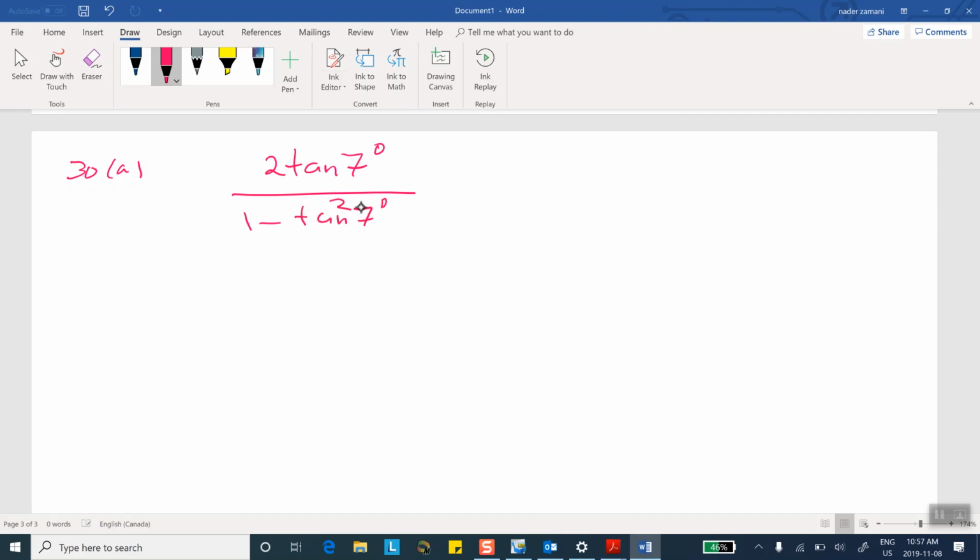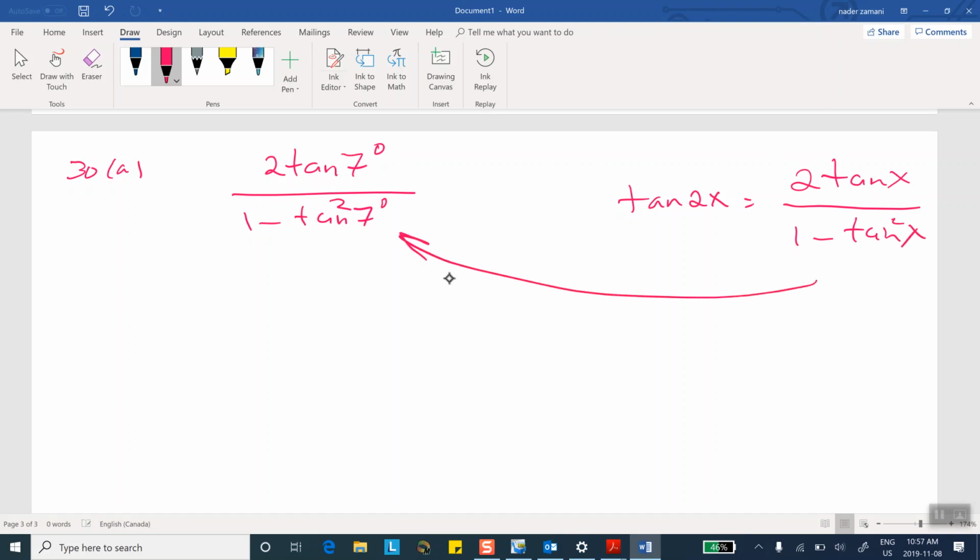Now let me remind you that tangent of 2x looked like this: 2 tangent of x divided by 1 minus tangent squared x. And notice that when you compare these things, x is 7 degrees. So this is equal to tangent of 2 times 7, which is equal to tangent of 14 degrees.